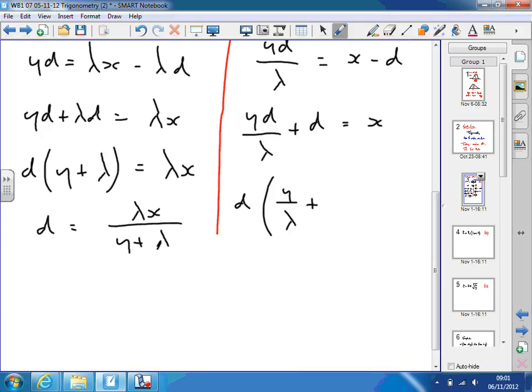Plus, what have I got to multiply D by to get D? 1. Equals x. Now, get D on its own, divide both sides by Y over lambda plus 1. So D equals x over this bracket, Y over lambda plus 1.